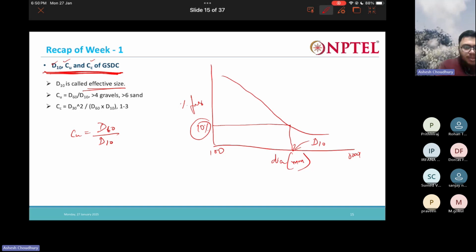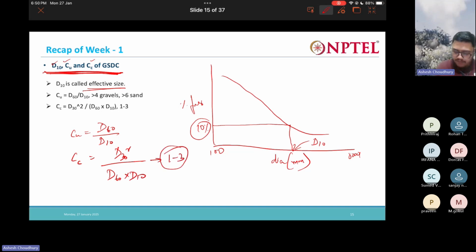Finally you have Cc, the coefficient of curvature, which is D30 squared divided by D60 into D10, and this should always be between 1 and 3. If these two criteria are satisfied, we can call the soil a well graded soil. Otherwise it's not well graded.